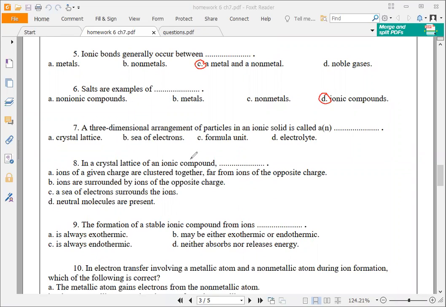A three-dimensional arrangement of particles in an ionic solid is called a crystal lattice, A. 8. In a crystal lattice of an ionic compound, B, ions are surrounded by ions of the opposite charge. B. Excellent.